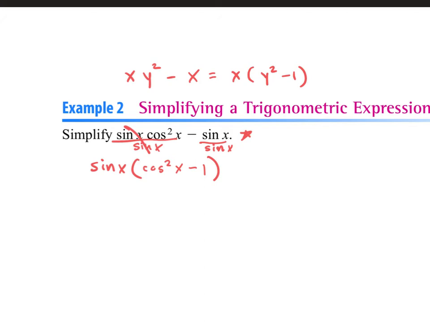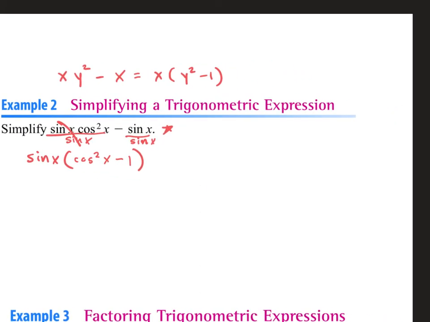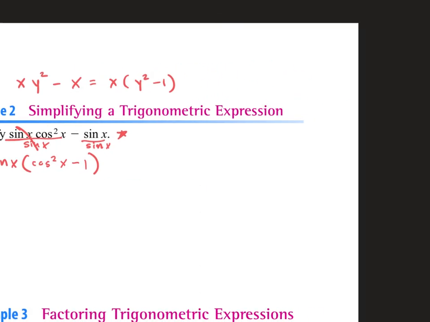Now I can simplify this more because I see I have that cosine squared of x. Do I have a trig identity that involves cosine squared? Remember, anytime we see squared, we want to look at our Pythagorean identities.